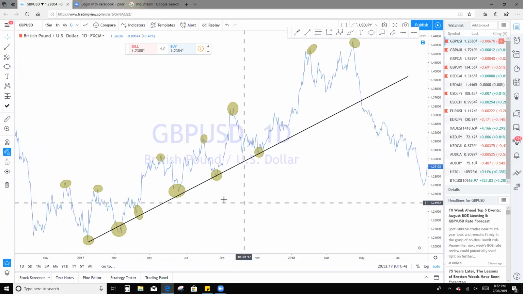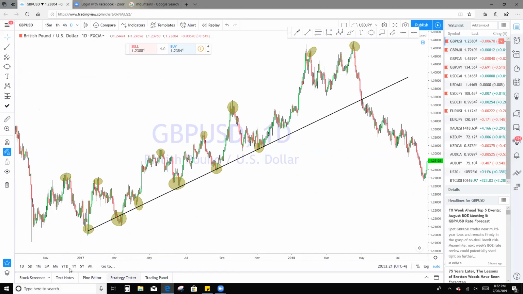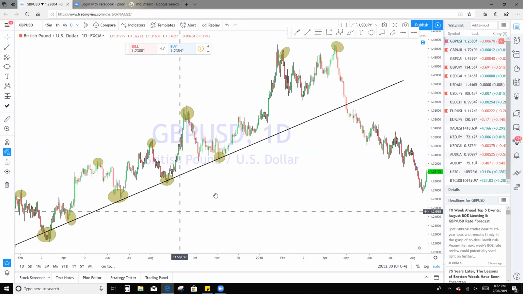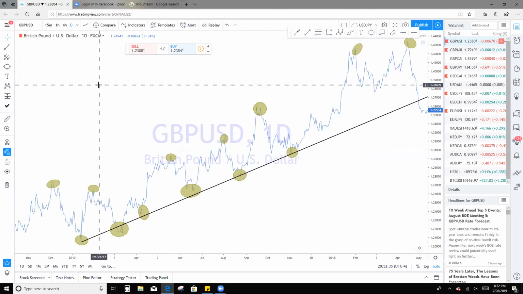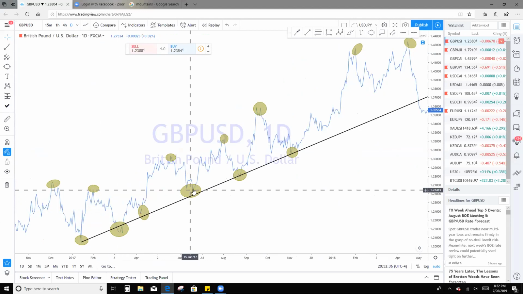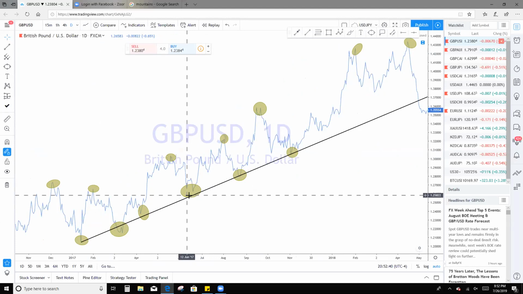Once you draw that line, you can switch back to your candles to see how each of those reacted off your line. This is how you know your trend line is accurate. Look right here, if you pay attention to this area, you see no wick or anything.